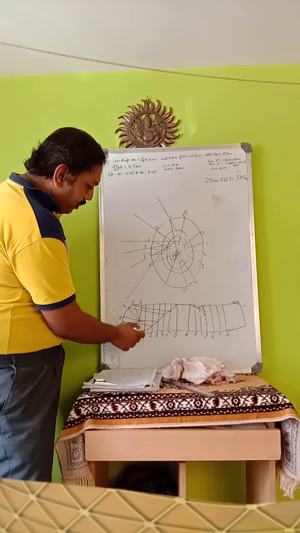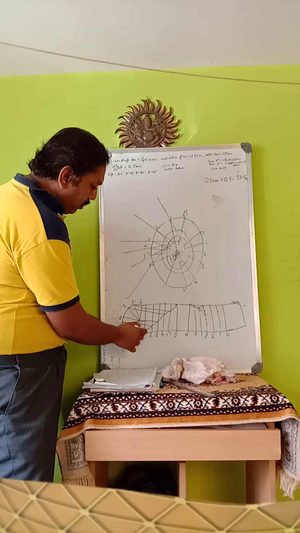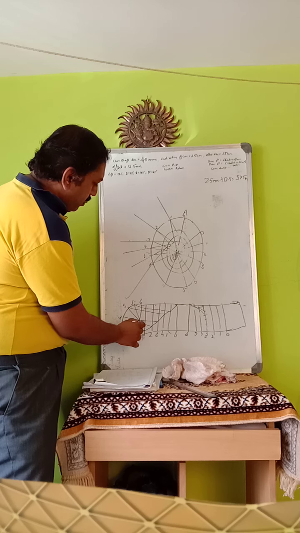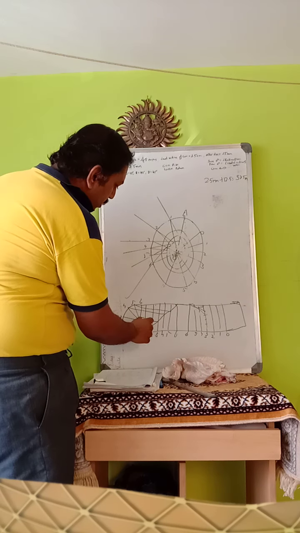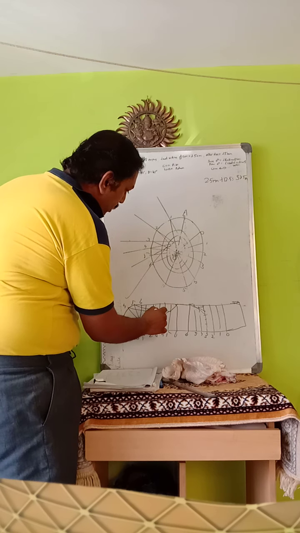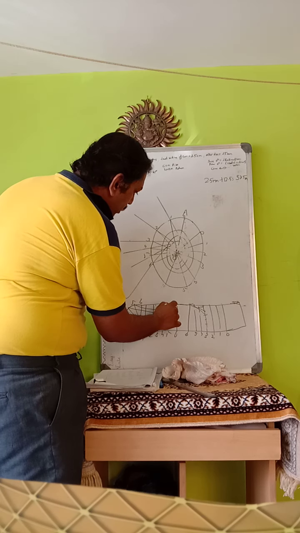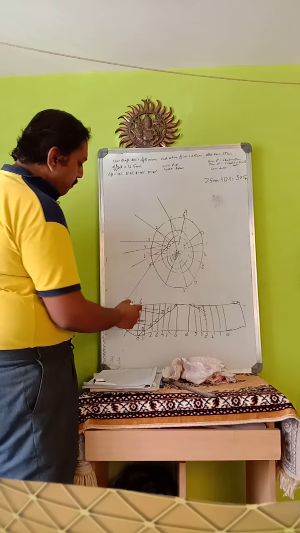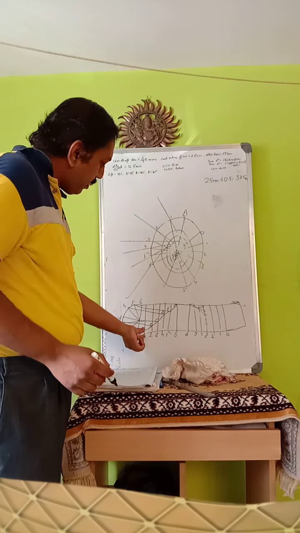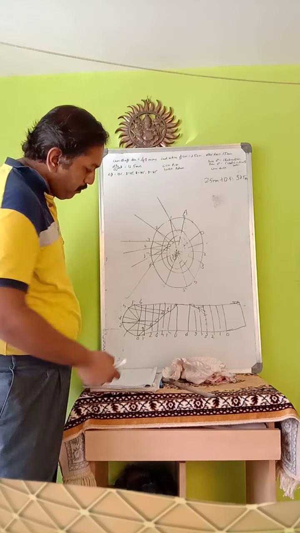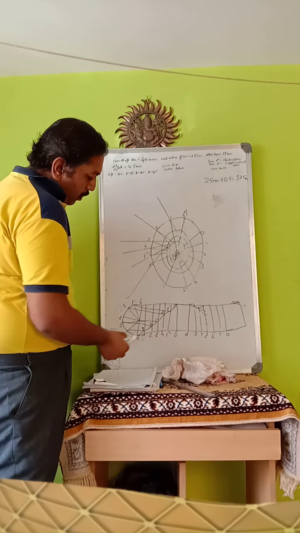So here whatever the portions we are getting, this you can call as A, this you can call as B, C, D, E, F. Okay. So from 1A, whatever the distance is there, you measure with the compass. That is 1A.